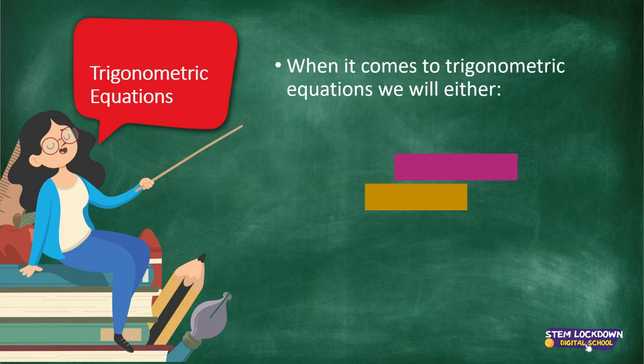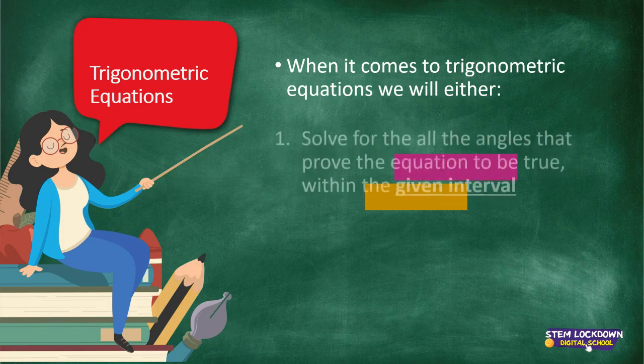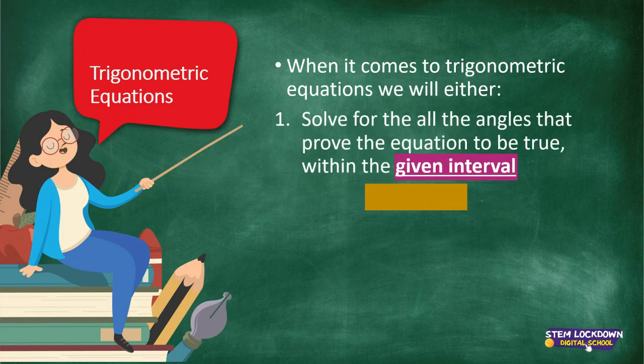When it comes to trigonometric equations, we'll be doing one of two things. Number one, you're going to be solving for the angles that prove the equation to be true within a given interval. So this would mean that you have said to me that between 0 degrees and 360 degrees, please find where sine theta is equal to 1.